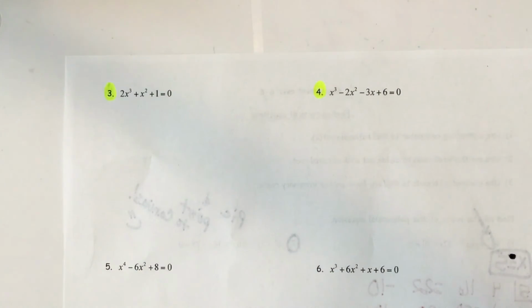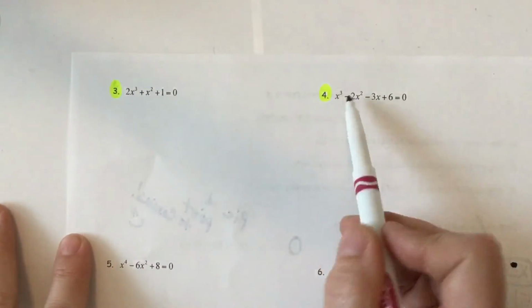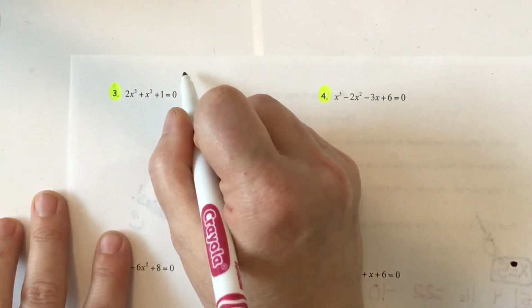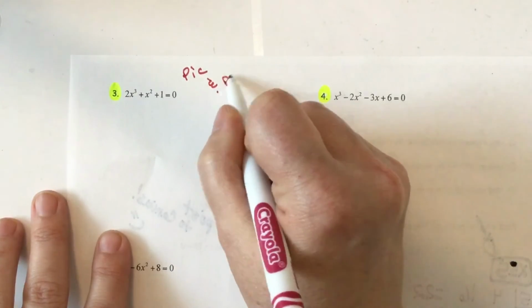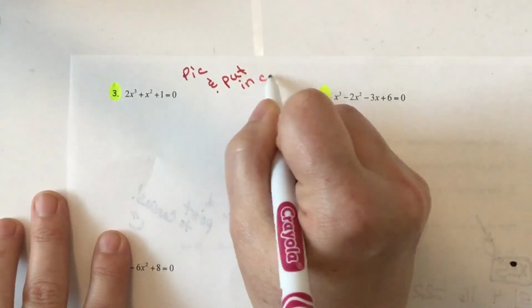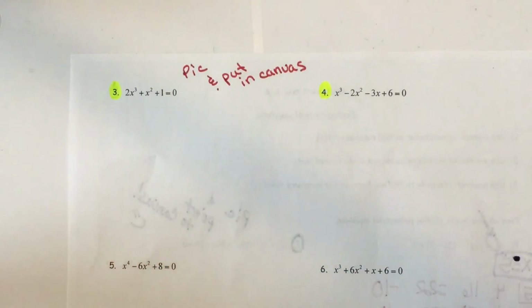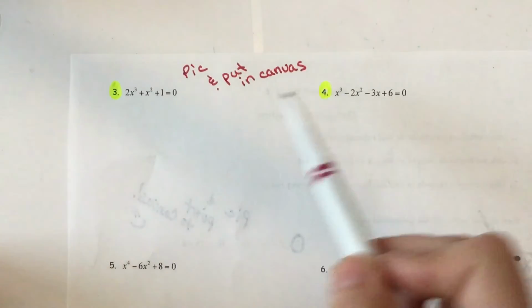If you don't have this paper, then you just need to write these 2 problems down on a piece of paper, and then I want you to work them, and then take a pic, and put them in Canvas. So I'm going to have these Canvas assignments where you can upload your pictures of your problems worked out. I want you to try both of these.